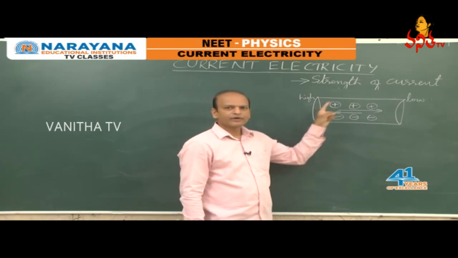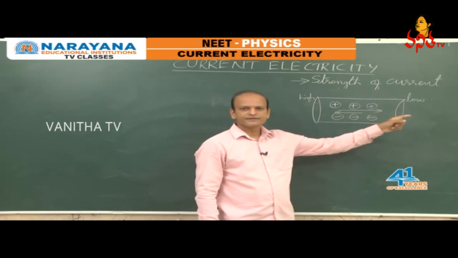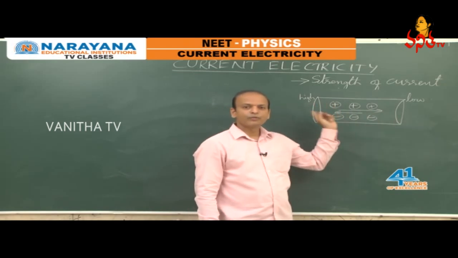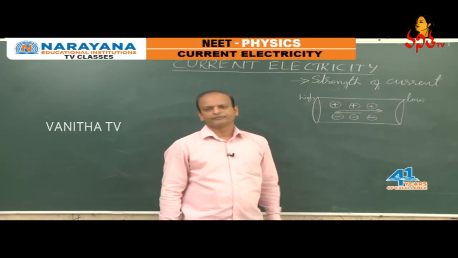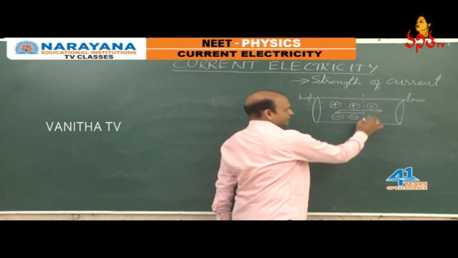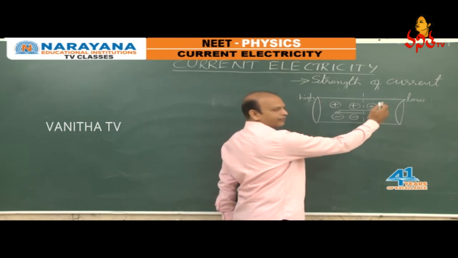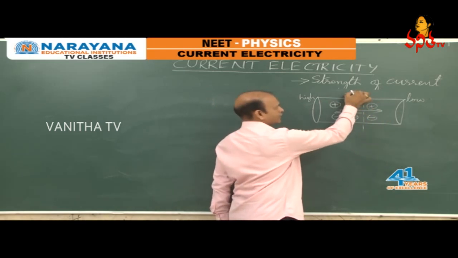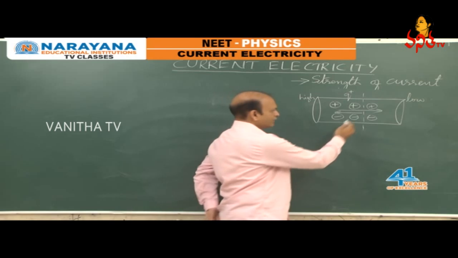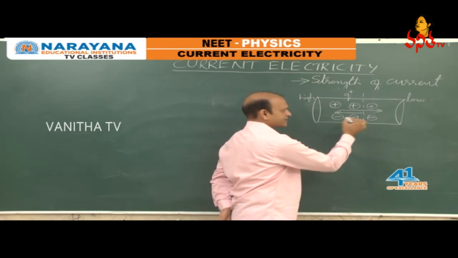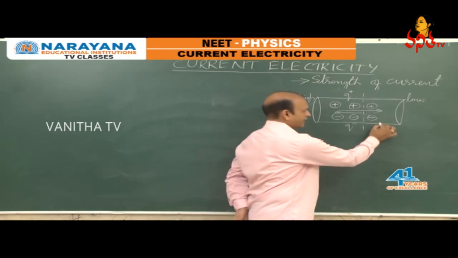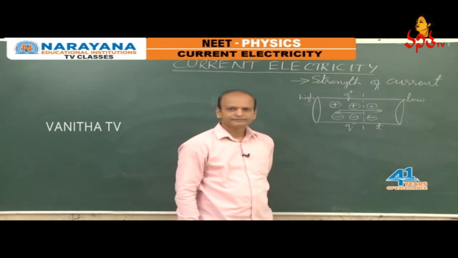Due to the potential difference, both positive and negative ions are passing at a time. Through any cross section, the total amount of positive charge, let us call it Q plus, and the total amount of negative charge passed is Q minus, in a time of t.